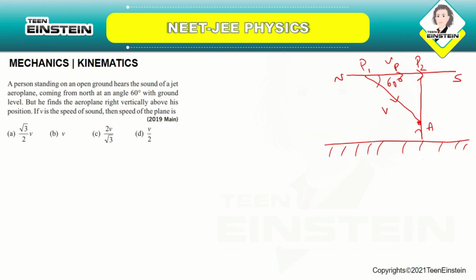So, let P1 be the position of the plane at t equal to 0, when sound waves started towards the person A, and P2 is the position of the plane observed at a time instant t, as shown in the figure below.